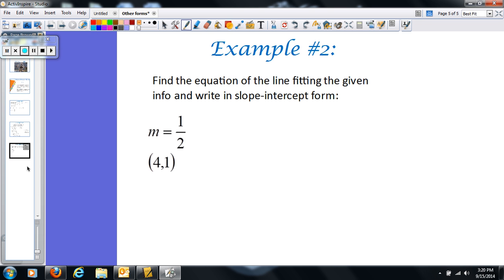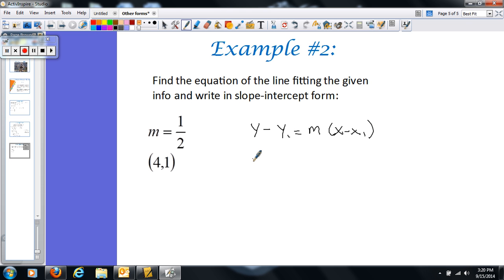And for example number 2, we're going to use point slope form. Here it says find the equation of the line fitting the given information and write in slope-intercept form. So here I'm given the slope, and I'm given 1 point. So I'm going to use point slope form, which is y minus y1 equals m times x minus x1.